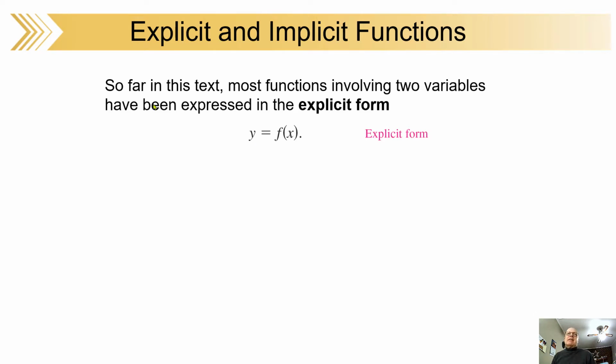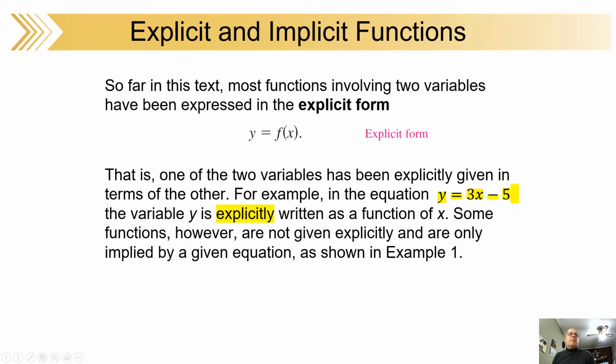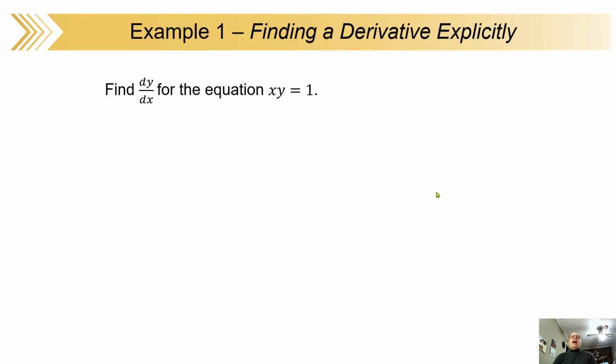That makes sense. That's the way you're accustomed to seeing those. It's explicitly written as a function of x. In other words, if someone gives you an x, you throw it in here, you do a little bit of calculation, and out pops the y. Just like a function, only explicitly.